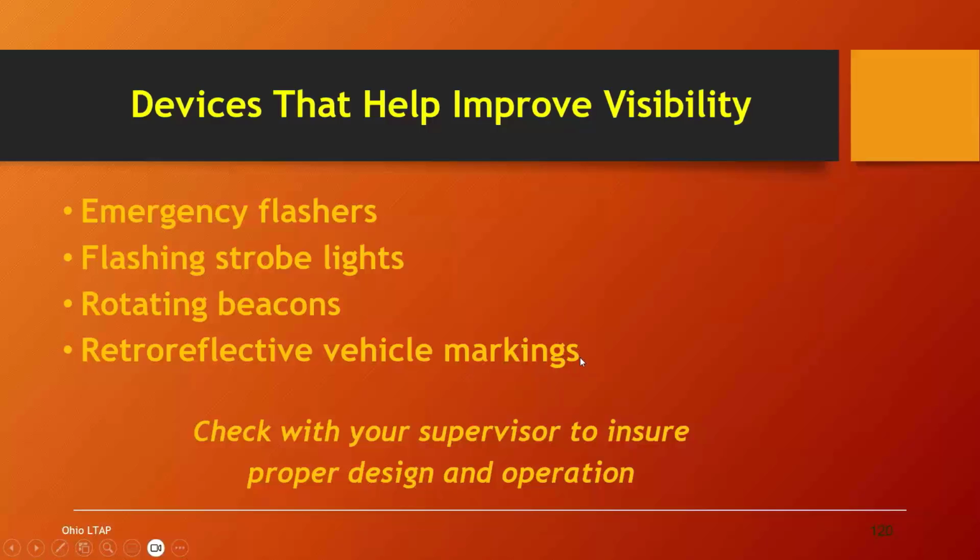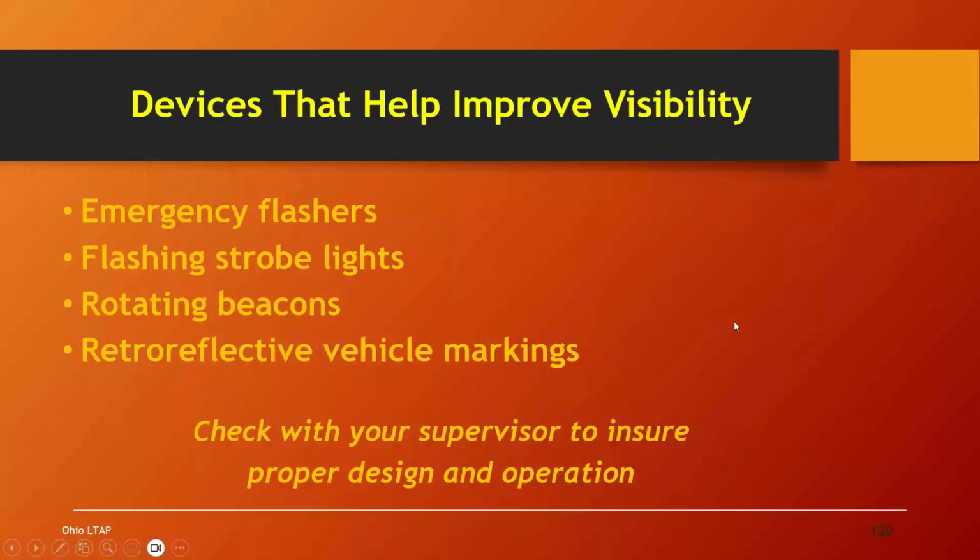ODOT in the last 5 or 6 years, they've pretty much put retroreflective vehicle markings on all of our vehicles. When I travel around teaching this class to the locals, I usually have a minivan, and the minivans even have the retroreflective vehicle markings. They help improve visibility and decrease the odds of a rear-end crash.